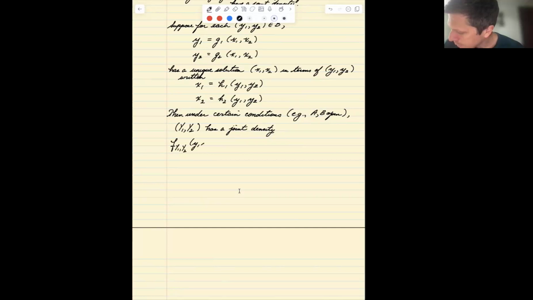And the way that it's expressed is in terms of the original random variables, the joint density of x1, x2, evaluated at these two values here.